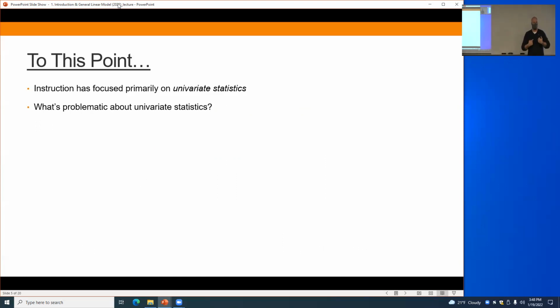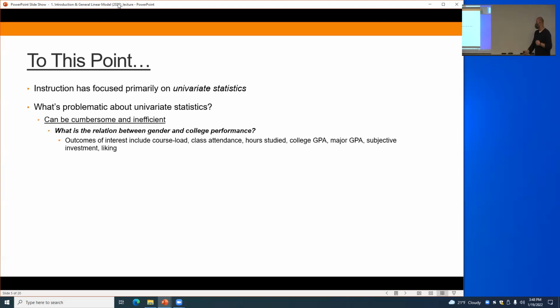With a one-way ANOVA, we have one grouping factor and one outcome, okay? But the problem is that they can start to get inefficient if this is all we have in our tool belt, right? What if I want to know the relation or association between gender and college performance, okay?